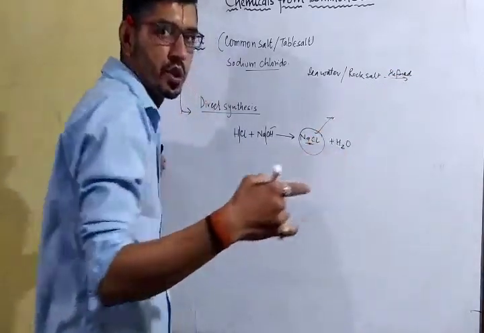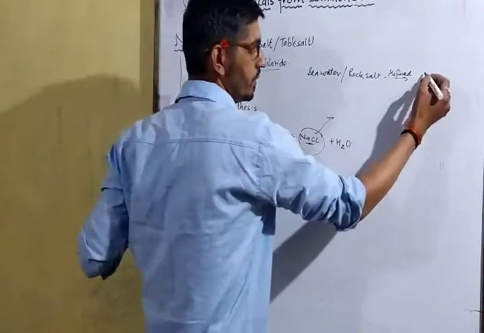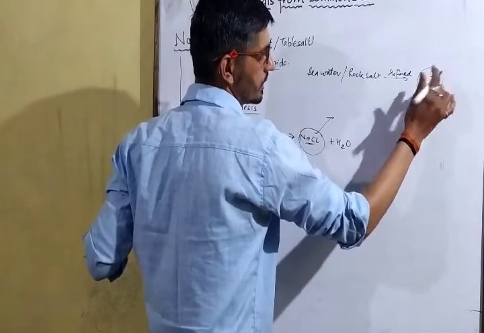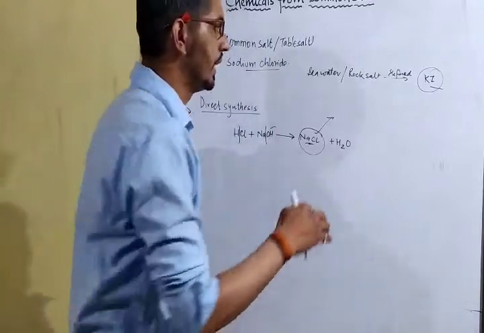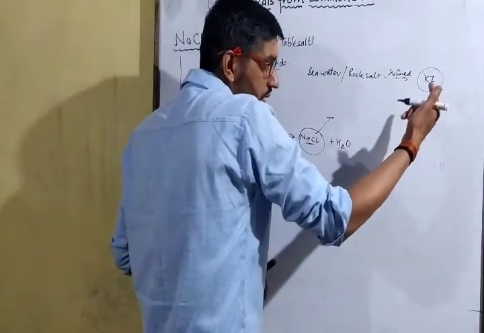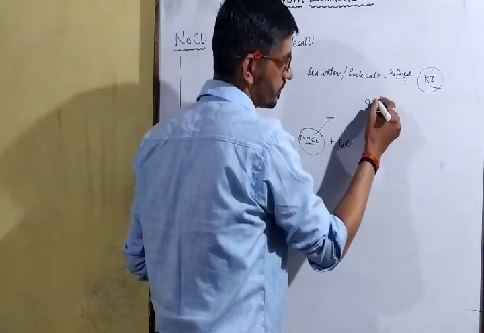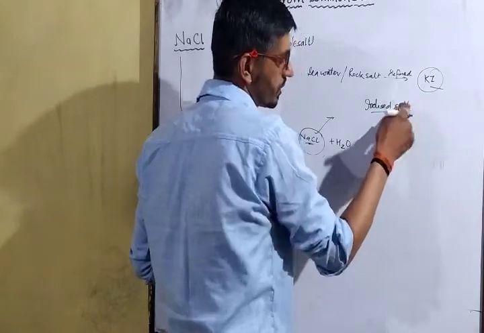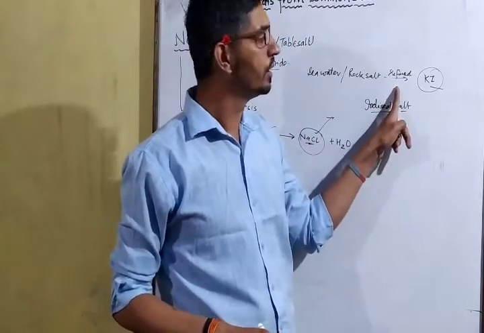A small amount of potassium iodide is put into it. And this salt which reaches our home is known as iodized salt, because it has potassium iodide added during refining.